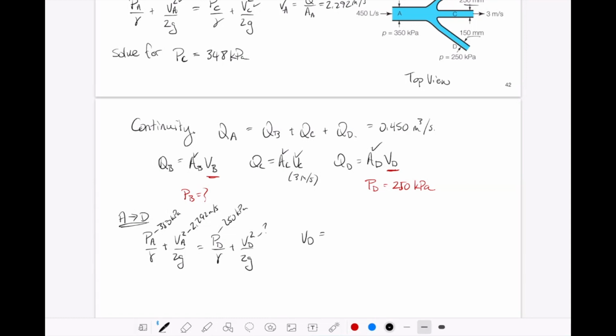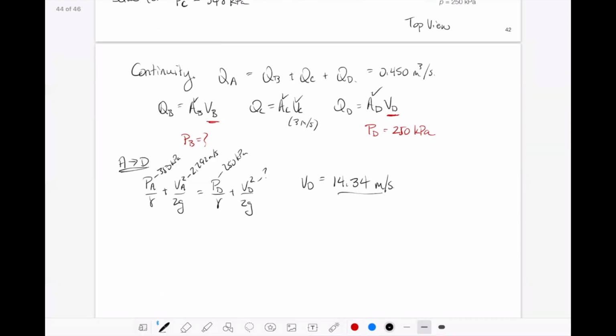So we can solve for the velocity at D, and we get VD equal to 14.34. So we now know the velocity at D.